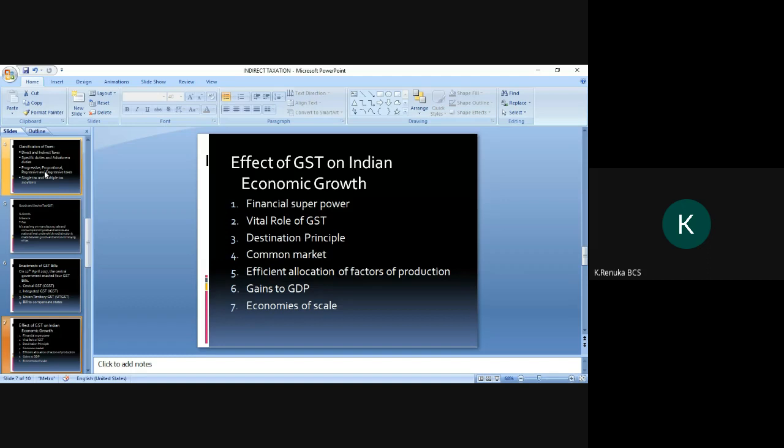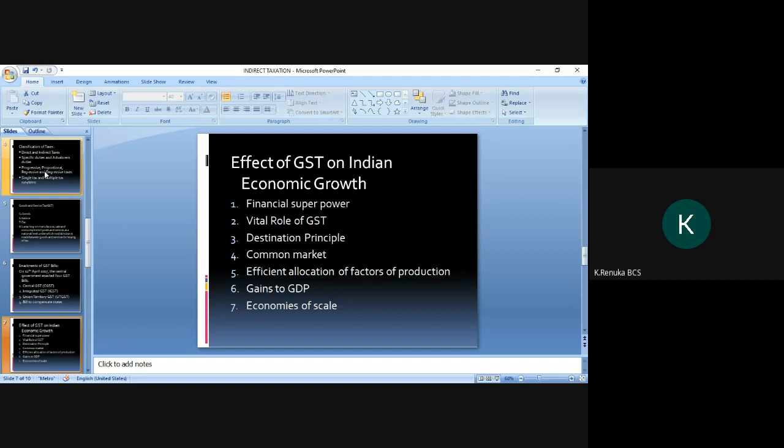So, in the earlier stages there was VAT, value added tax, and normal tax. Through that VAT, we could not have aimed at this GDP.